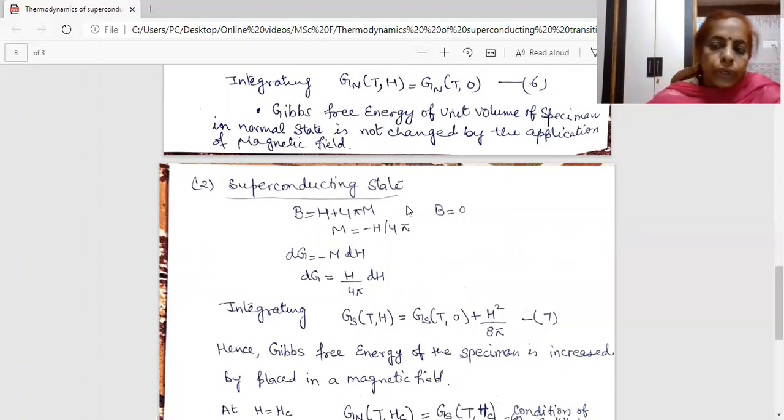Now we are finding a relation between the Gibbs free energy of the normal state and the superconducting state. Here we have derived the relation between the Gibbs free energy of the normal state at two different fields, and similarly of the superconducting state at two different fields, that is H equal to 0 and a particular magnetic field H.